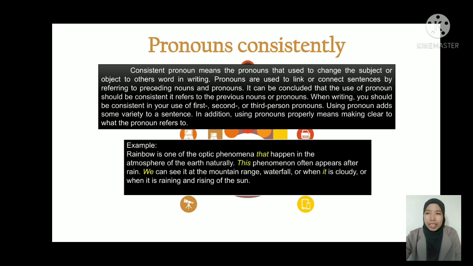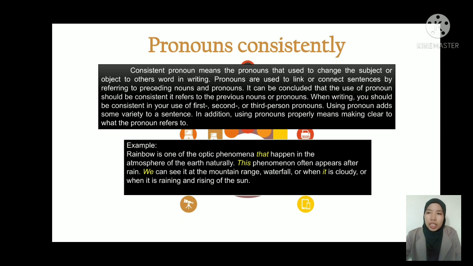The words this and it, which occur first in the second sentence, are used to represent rainbow too. Acting as an object, the word we refers to people, and it functions as a subject, while it refers to the earth and functions as a subject.